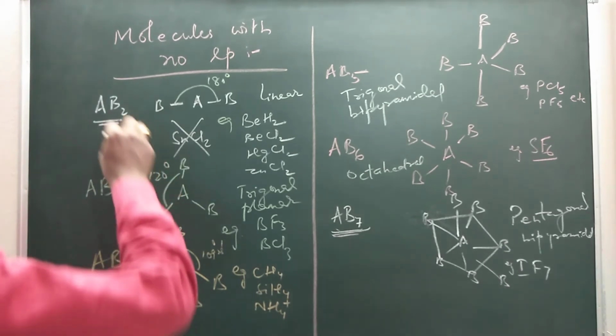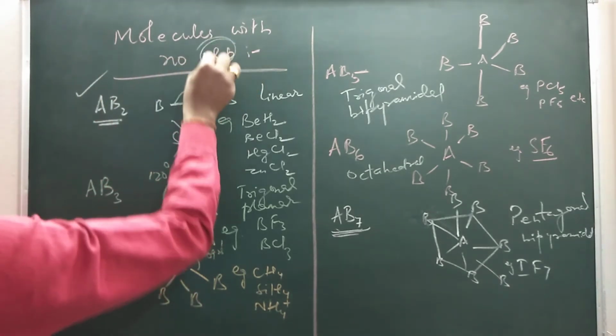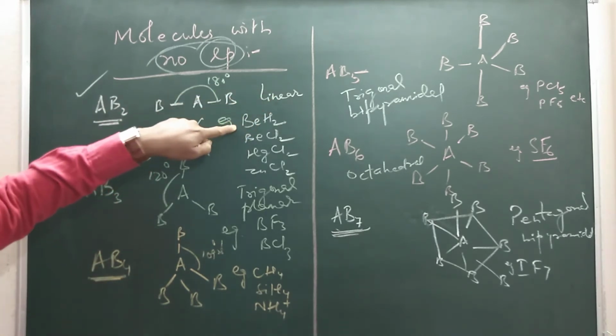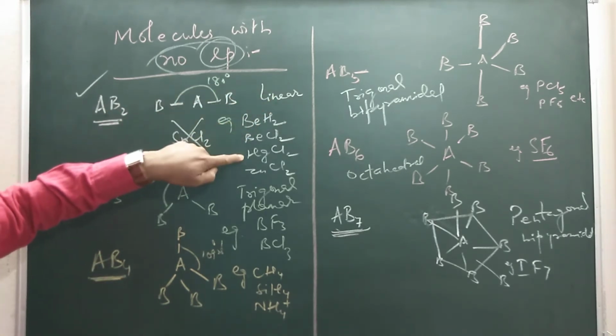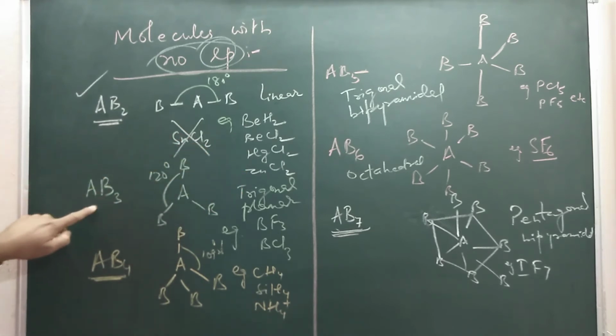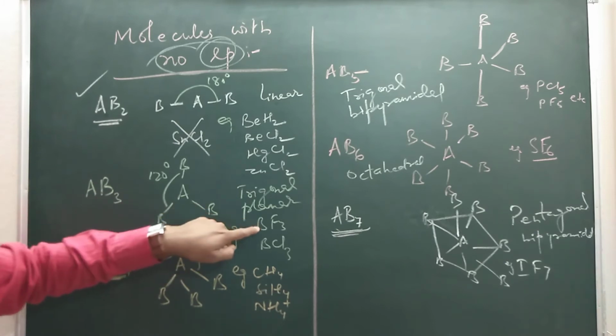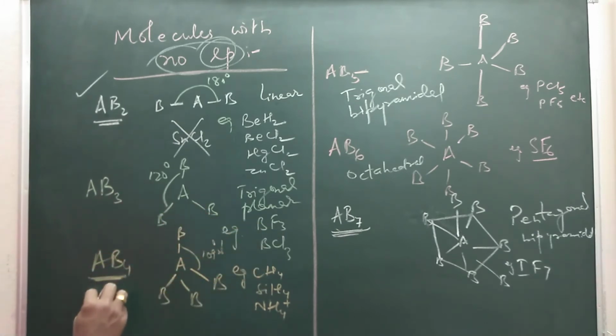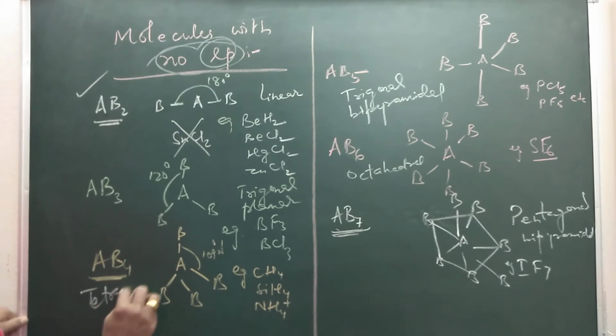So these are the shapes of the molecule where there is no lone pair. AB2 type linear. Examples are BeH2, beryllium chloride, mercury chloride, zinc chloride, but SnCl2 is not linear. AB3 type trigonal planar, example BF3, BCl3. AB4 is tetrahedral.